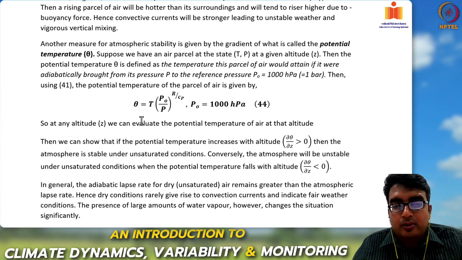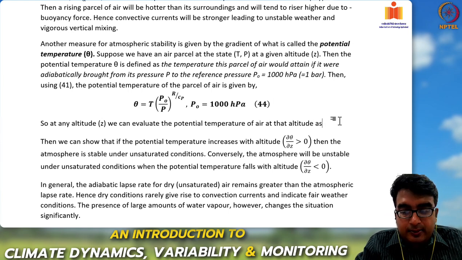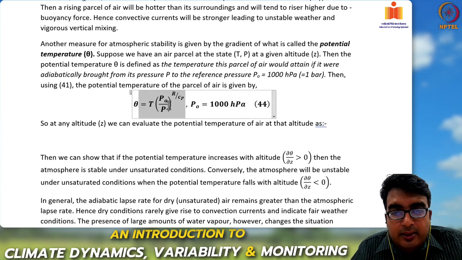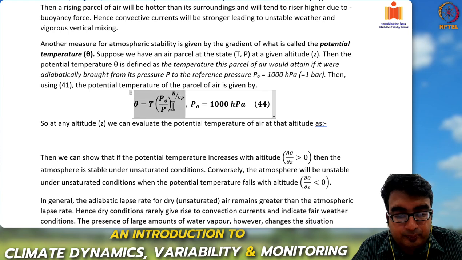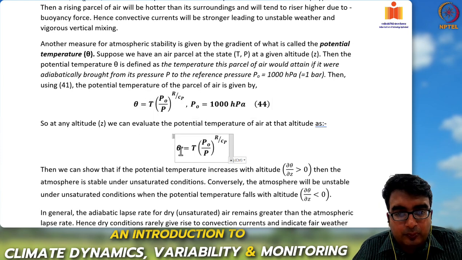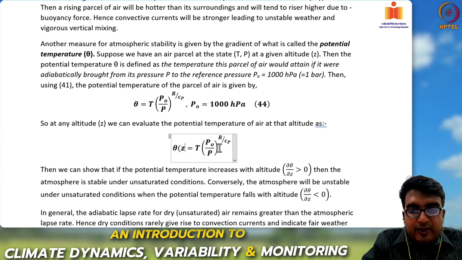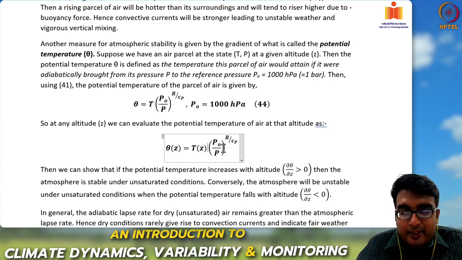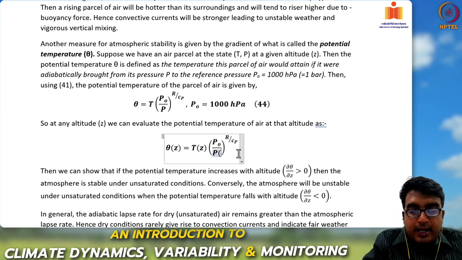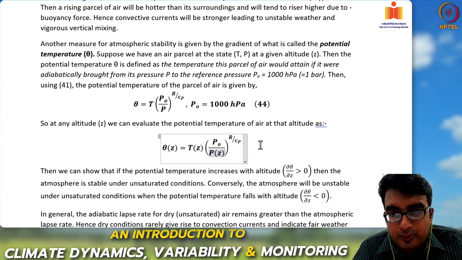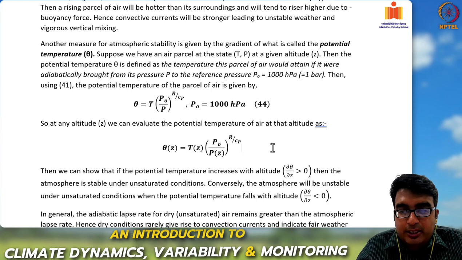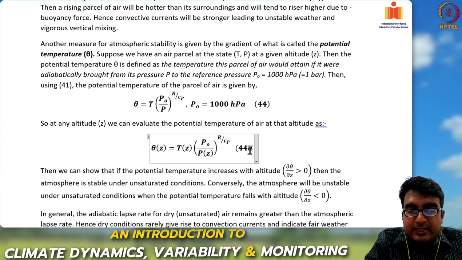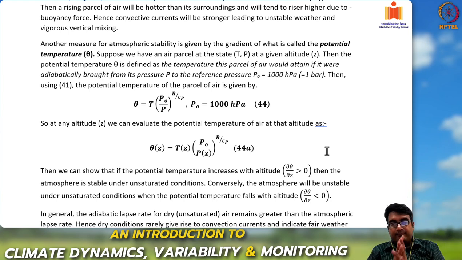It is the same expression basically, but we can write it in this format. Theta at a given altitude z is a function of the temperature at that altitude and the pressure at that altitude. Okay. So let's just call this 44A because it's basically the same expression. We are just making the z dependence explicit.